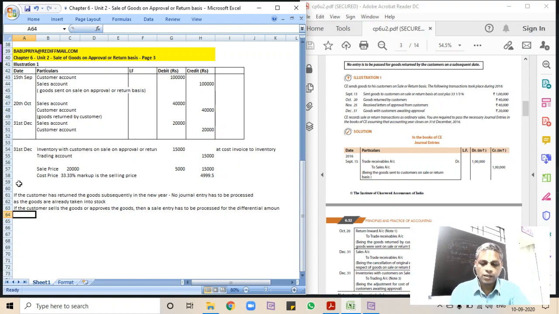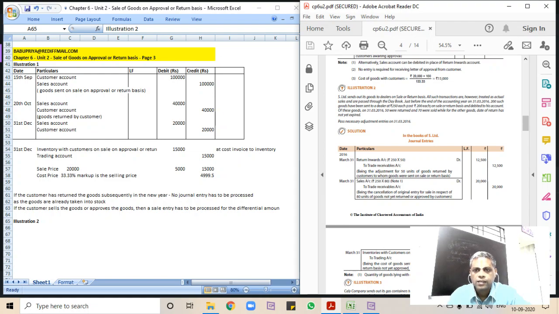Now let's get into illustration 2. S Limited sends out its goods to dealers on sale or return basis. All such transactions are, however, treated as actual sales and are passed through the day book.